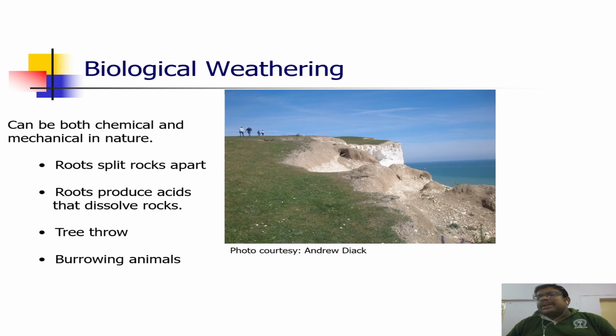Burrowing animals are also there. These burrowing animals produce channels within the soil, creating mechanical weathering. So this is an example of mechanical weathering. As you can see, these vegetation or grasses are growing on the rocks and weathering these rocks. So this is an example of biological weathering.